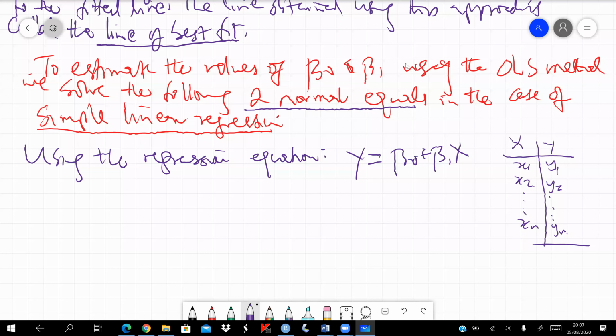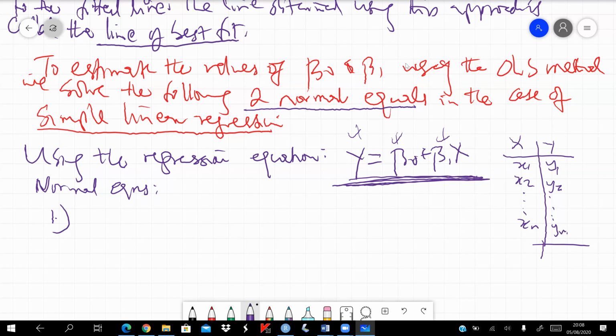The first normal equation for this type of equation: you take this equation and sum each term n times, where n is the length of the data set.